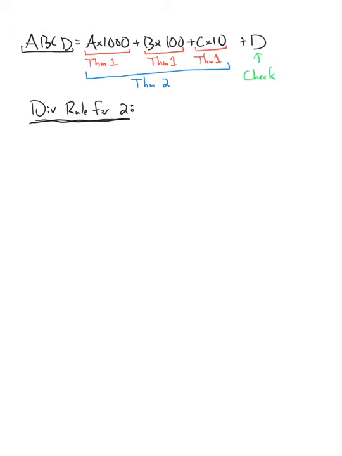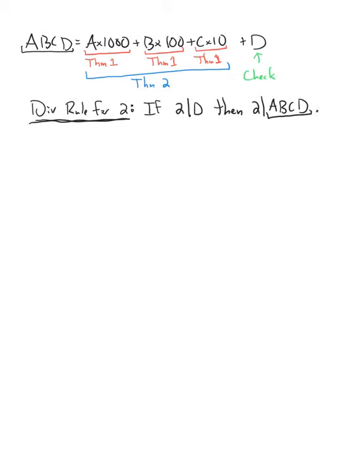Let's write it up. So, let's write down what the rule is. If the last digit, in fact, we have a name for the last digit, it's D. So, let's say if 2 is a factor of D, then 2 is a factor of the 4-digit number A, B, C, D. So that is our rule.